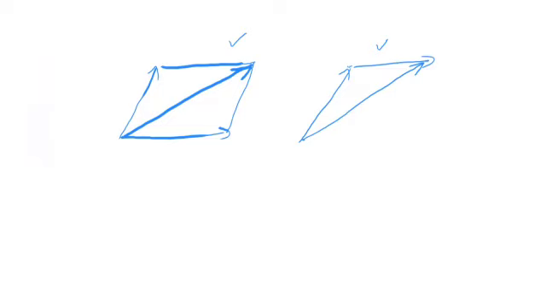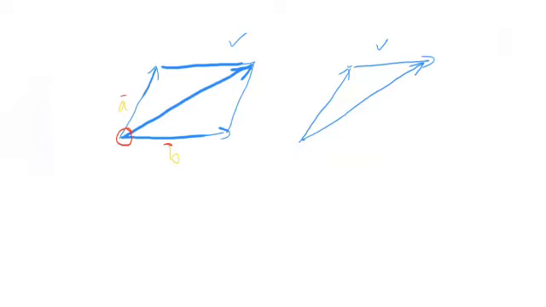The only difference is, when you want to add two vectors a bar and b bar, you are supposed to attach the tails of these two vectors in the parallelogram law of addition.